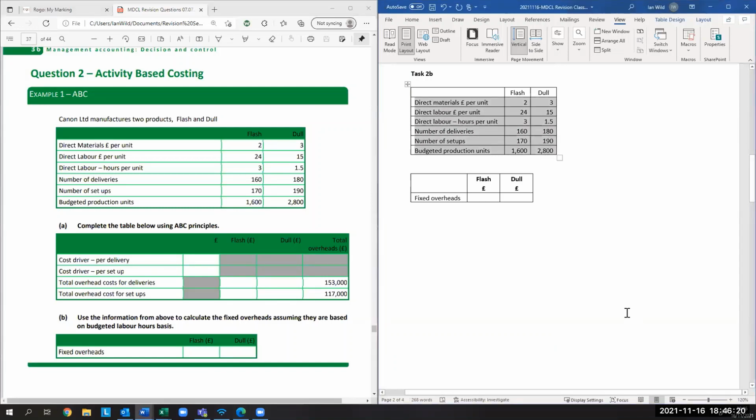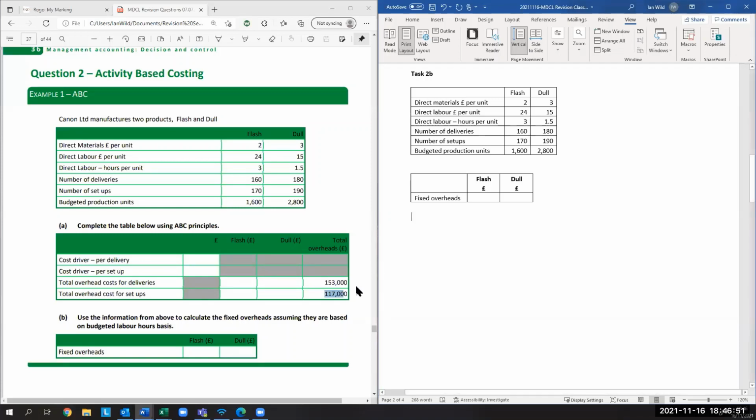So we are looking to calculate the fixed overheads, this time based on budgeted labour hours. Okay, so we basically need to restate these figures, the 153 and the 117, based upon budgeted labour hours.